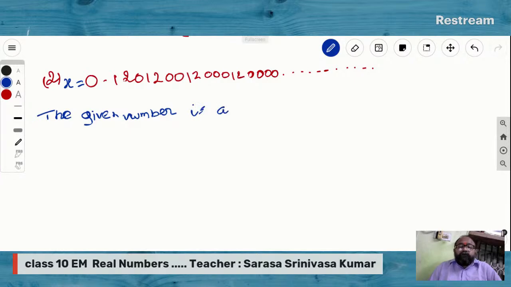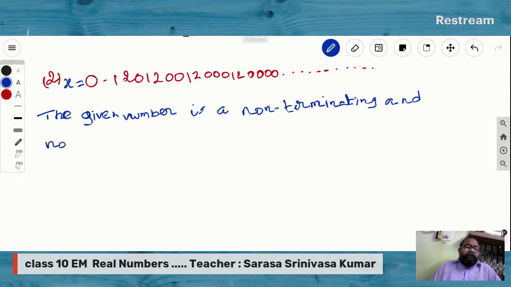The given number is a non-terminating and non-recurring decimal number.